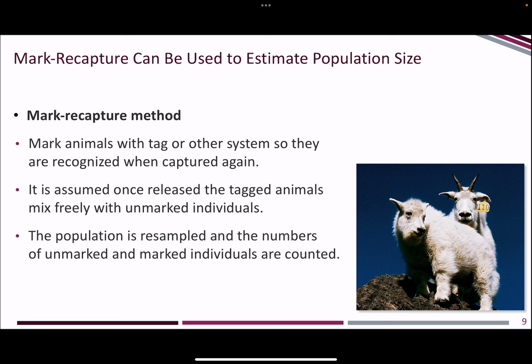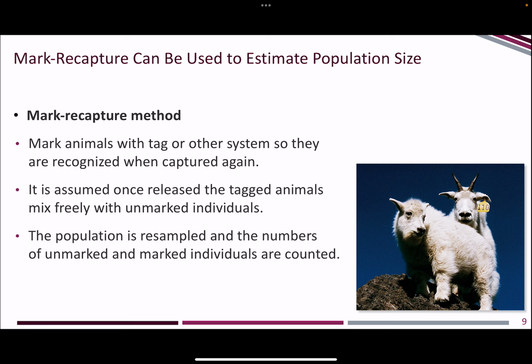This is a method where you tag an organism, somehow mark them so that they can be recognized. And you might tag these for some other reason besides mark recapture. Maybe you're just keeping track of the organisms in your population. Maybe it's a radio collar or something similar so that you can follow these organisms.